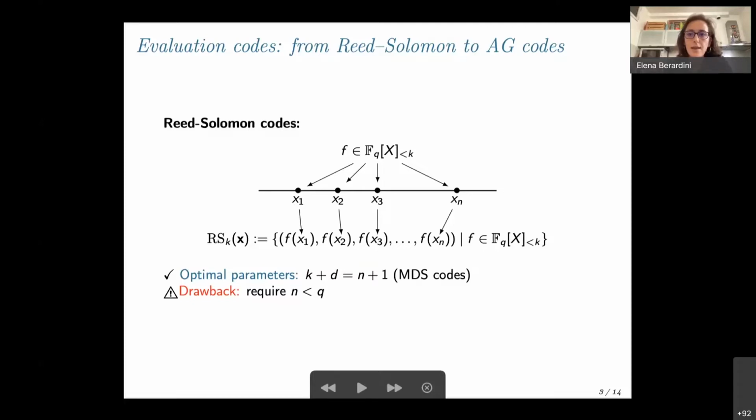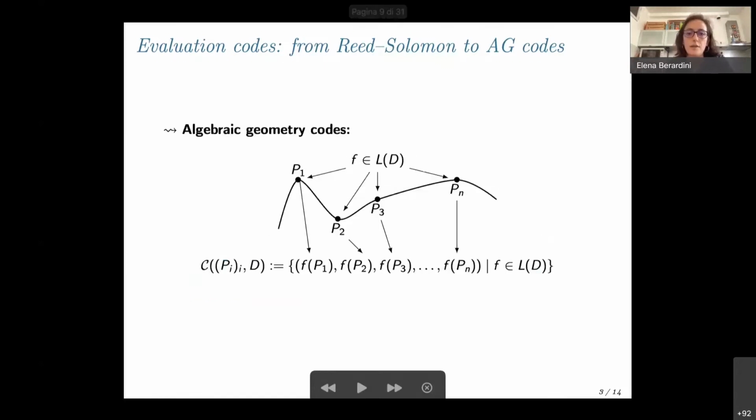Indeed, AG codes are nothing but a generalization of Reed-Solomon codes, where instead of considering polynomials, we consider rational functions in the Riemann-Roch space of a curve, and instead of considering the elements of F_q, we consider points on a curve.